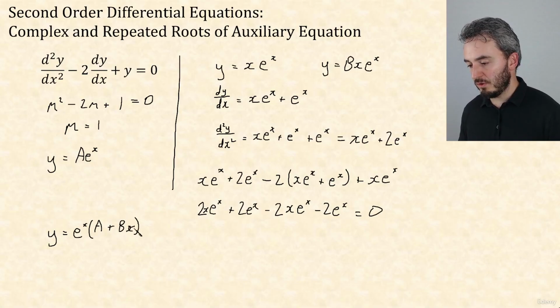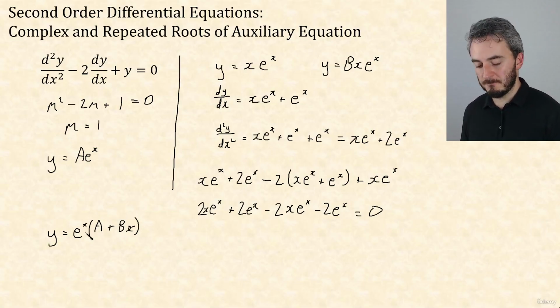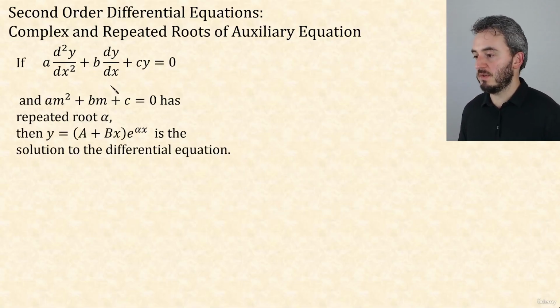So it's not just any multiple of e to the mx, it's any linear term times e to the mx. Here's a generalized statement. If your auxiliary equation has a repeated root alpha, we definitely get e to the alpha x, but it's not just multiplied by a single constant a, it's multiplied by an entire linear term a plus bx.